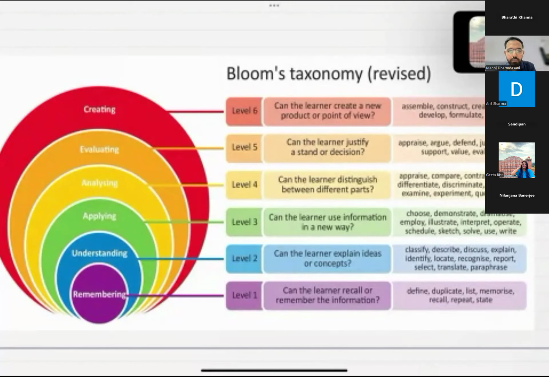Then we come to the fourth category, that is, can the learner distinguish between different parts? That is the category of the second domain of Bloom's taxonomy, because the initial categories come under the cognitive domain. This category gives a student an idea of how they can differentiate between two topics, two criteria, two plans or two different concepts.